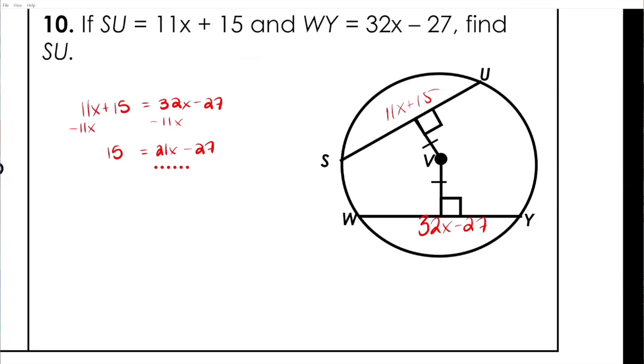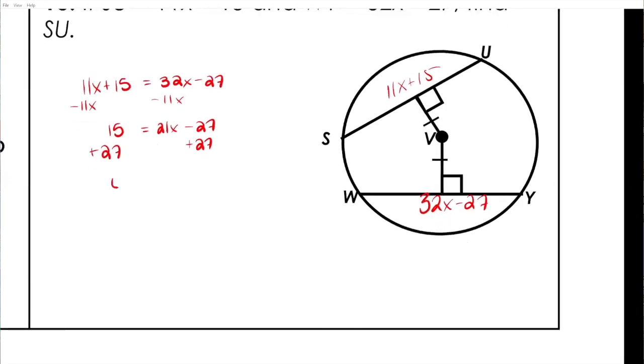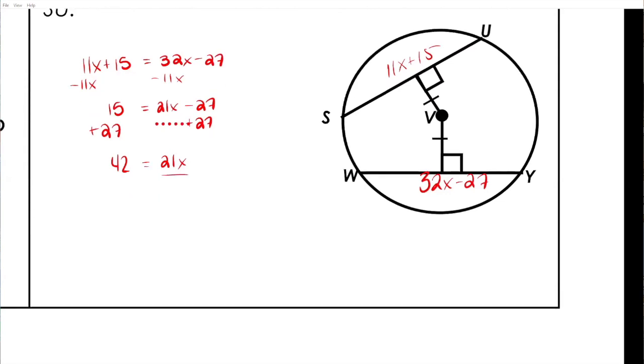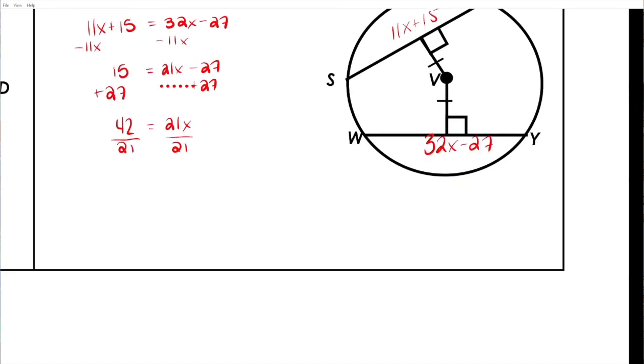Now that we've got our variable on one side, we can move our constant. Add 27. So 21x equals 42. We're going to divide by 21. So x is 2.